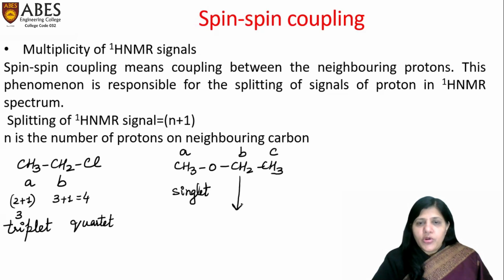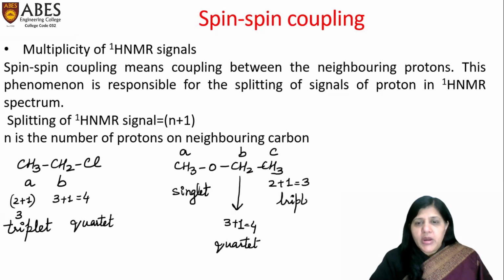B set of proton will be split due to the C set of protons, and C is 3, therefore it will be 4, and B set of proton will be represented as a quartet in the NMR spectrum. C set of proton will be shown as a triplet in the NMR spectrum.